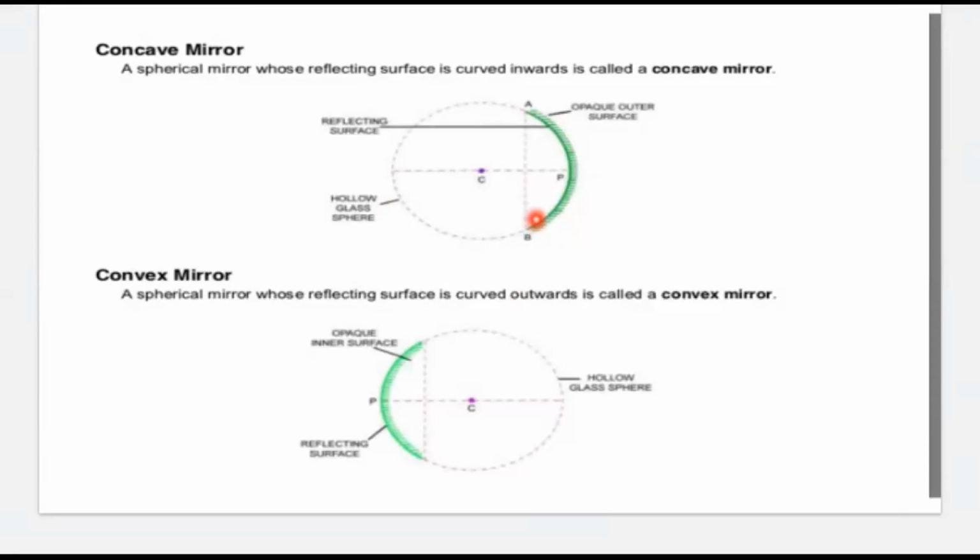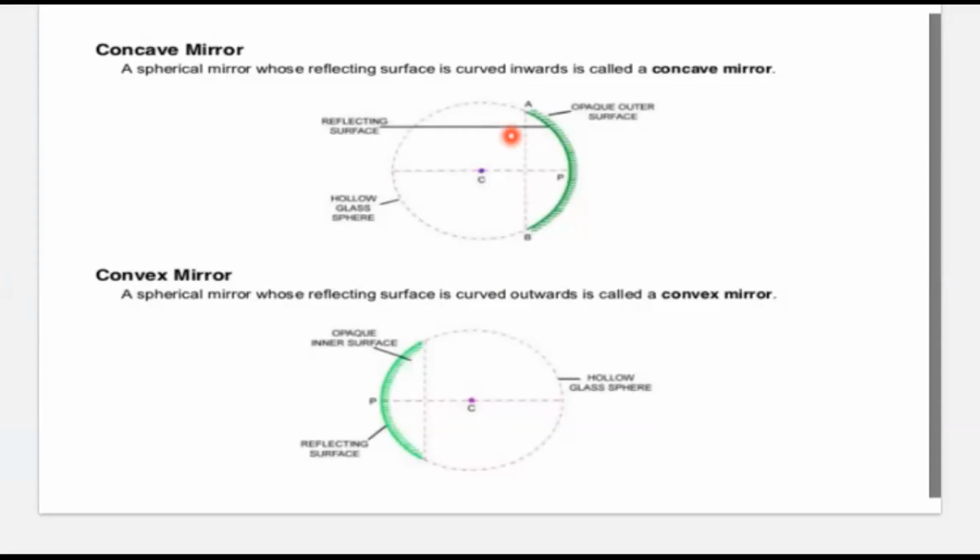Because it would have a reflecting coating. It would be a polished surface. The one thing that must be noted over here is why we are calling it concave. What is cave? Cave is nothing but it is like looking like a cave. This is the reason why we are calling it a concave mirror.